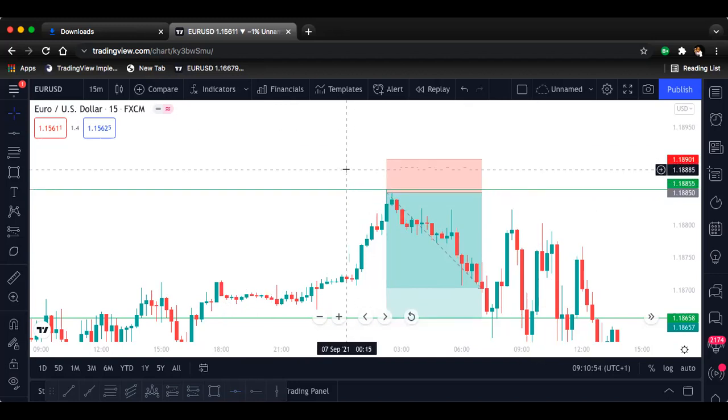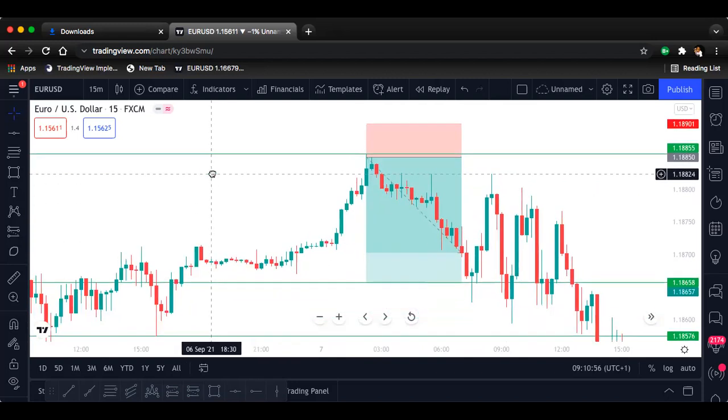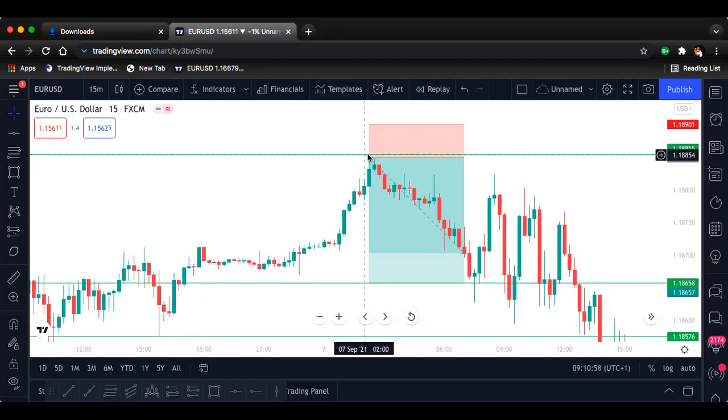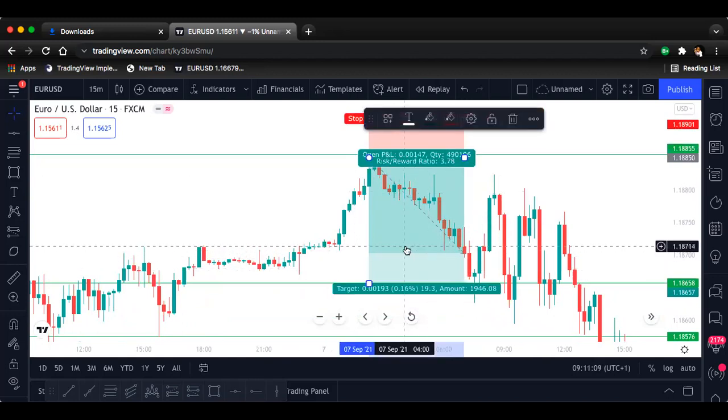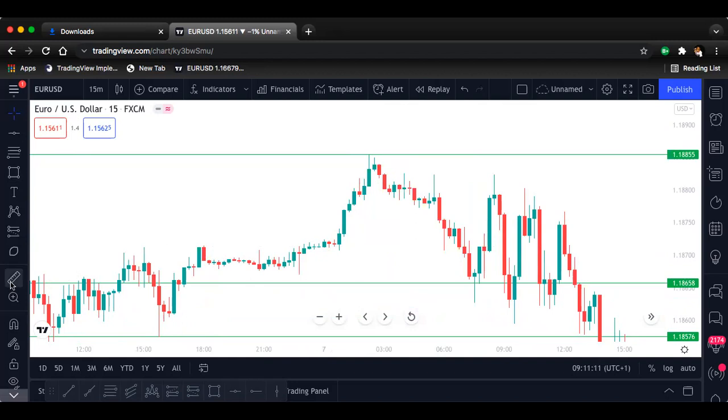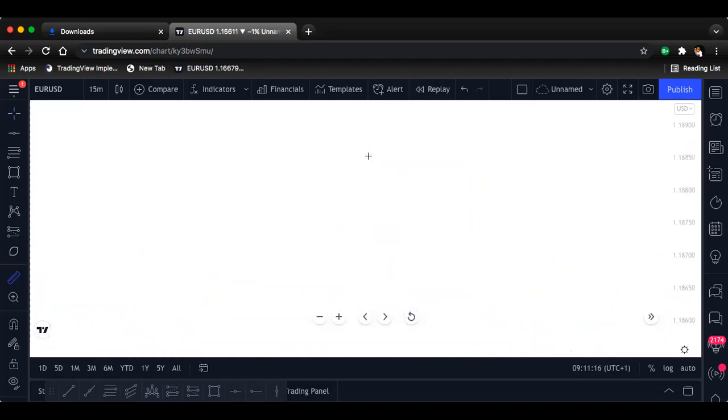Let me lock this. So you'd have been interested in taking just the sell trade from here to this very point. This is your target. Let's say another 4 hours max. Let me use the measure to calculate the hours so you see. You'd have taken your sell trade around here.